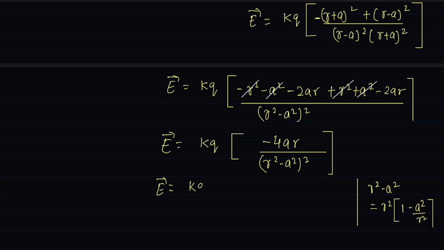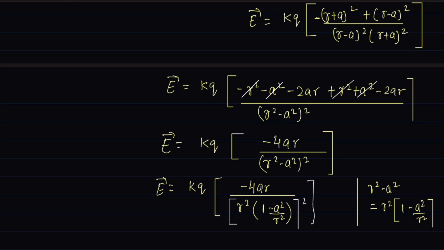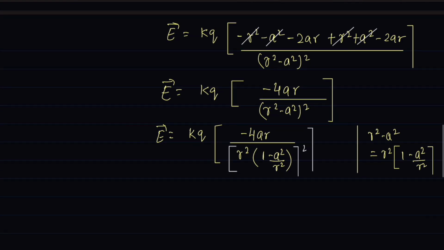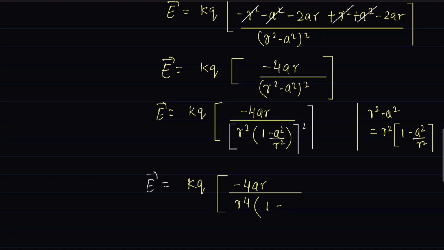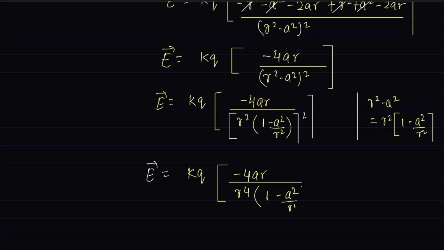So it can be written as kq times minus 4ar divided by r square times 1 minus a square by r square, whole square.